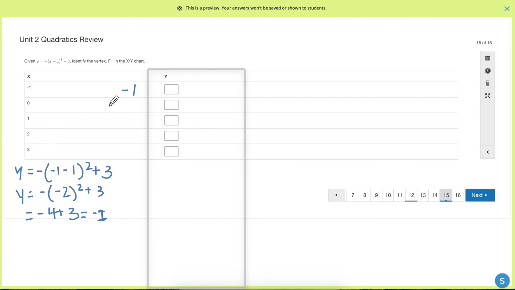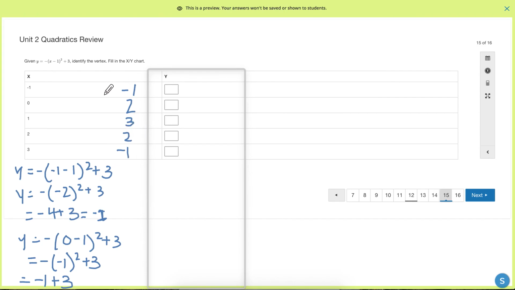If I plug 0 in, I get negative 0 minus 1 squared plus 3, which simplified gives me negative 1 squared plus 3, which is then negative 1 plus 3. So we get 2. We know our vertex is 1, 3, and then we also know that the sides should mirror each other. So that's how that would work.